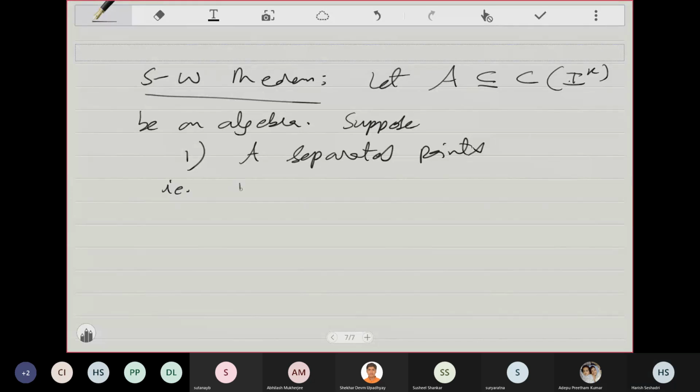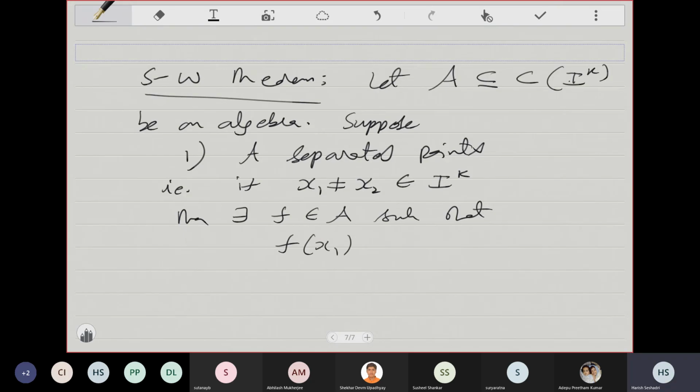That is, if x1 not equal to x2 are elements of this K-cell (again, the K-cell is totally irrelevant, any compact set will do), then there exists f in A such that f of x1 not equal to f of x2.